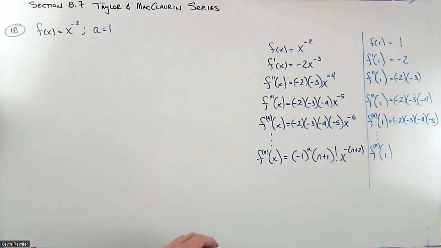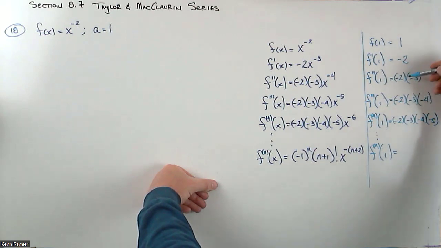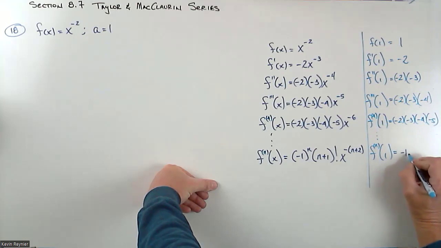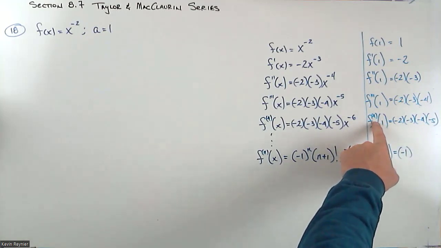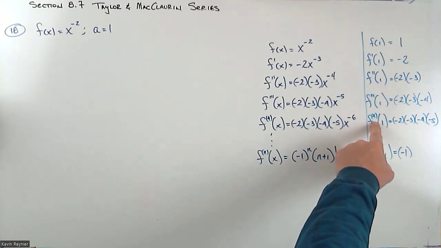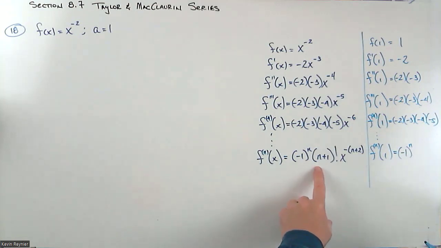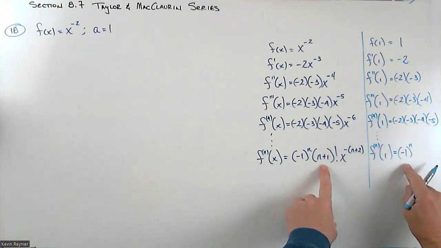So what are we getting? This is positive, this is negative, this is positive, this is negative, this is positive. So we have an alternating sign. So we're going to have -1, and our evens are positive, so this is going to be just to the n. That will work. And then we're going to get n plus 1 factorial.